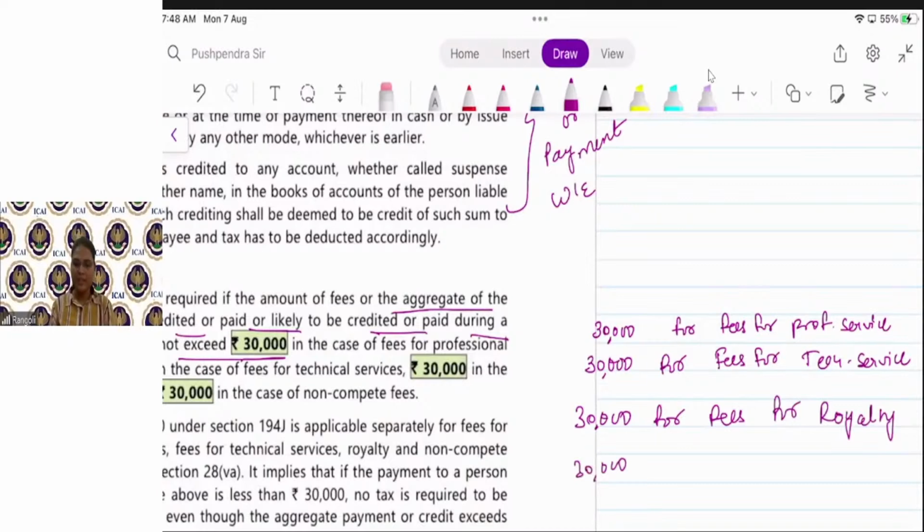So here, my dear friend, 30,000 limit is given for every service separately.